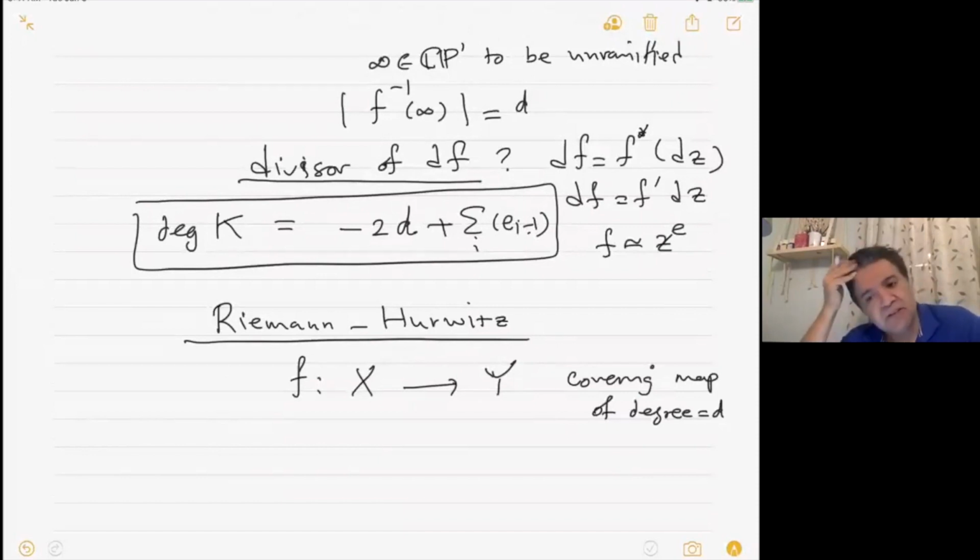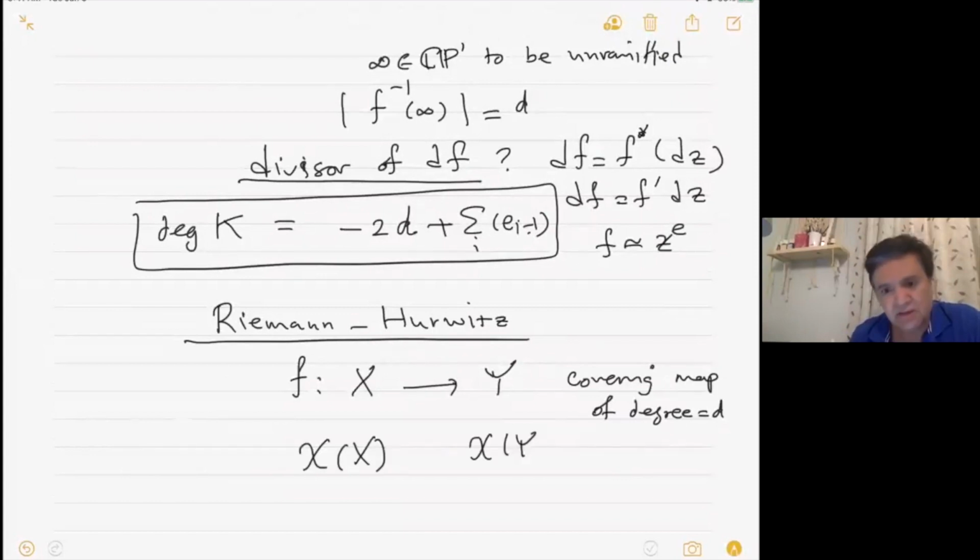So the Riemann-Hurwitz formula tries to understand the relation between the Euler characteristic of X and the Euler characteristic of Y, and asks if there is any relation between these two numbers. And the answer is yes. The Euler characteristic of X is d times the Euler characteristic of Y, where d is the degree of this covering map.